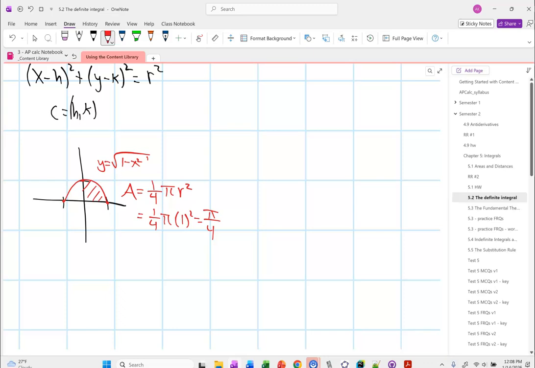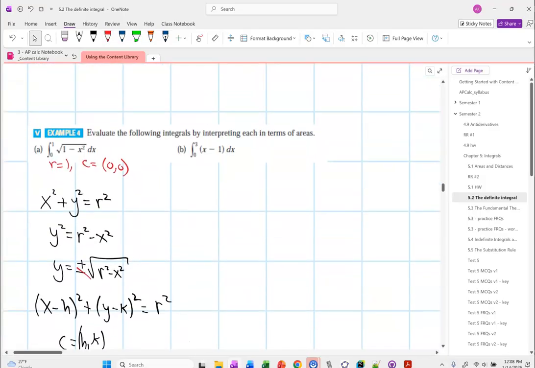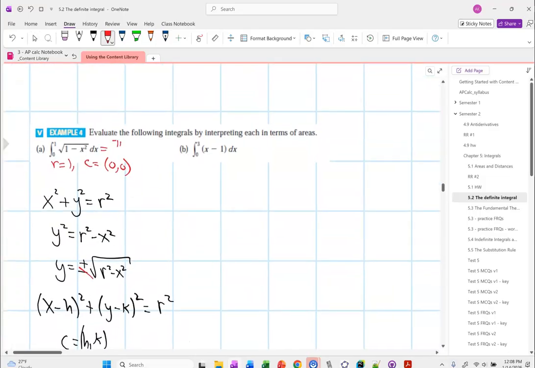Everybody okay there? And that area under the curve is going to be the same as the value of our integral. They mean the same thing, right? Does that feel okay?